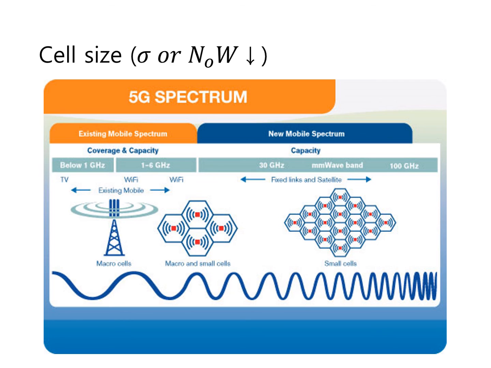Therefore, the closer the distance is, the greater the strength of the signal. This is why base stations need to be built more densely as the transition from 4G to 5G.